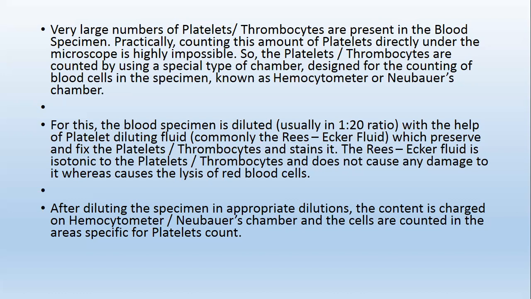For this, the blood specimen is diluted, usually 1:20, with the help of platelet diluting fluid, commonly known as the Rees-Ecker fluid, which preserves and fixes the platelets and stains them. The Rees-Ecker fluid is isotonic to the platelets and does not cause any damage to them, whereas it causes the lysis of the red blood cells.